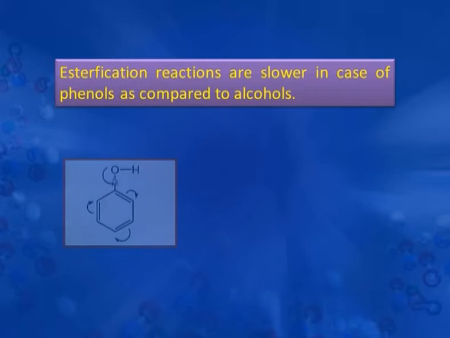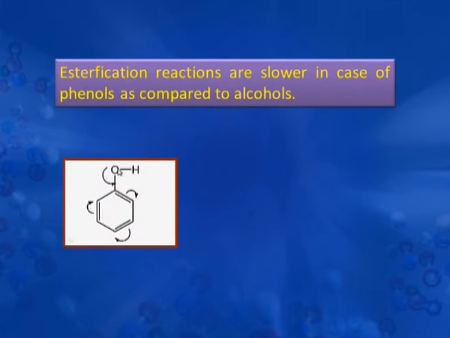The reason behind it is the lower nucleophilicity of the oxygen of phenol. Here you can see that the oxygen of phenol has a lone pair of electrons which delocalizes with the pi electron cloud of the benzene ring. As a result, a partial positive charge develops over the oxygen. Development of positive charge means less nucleophilicity, and that is why the reaction is slower.